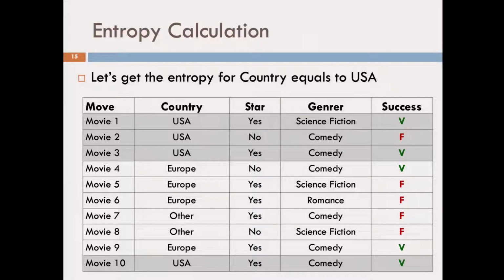Oh, no, I mean if we had another question. In this case, we know country is important because of the information gain. But if we didn't know, for example, the first one, the star information gain was very little, 0.01.